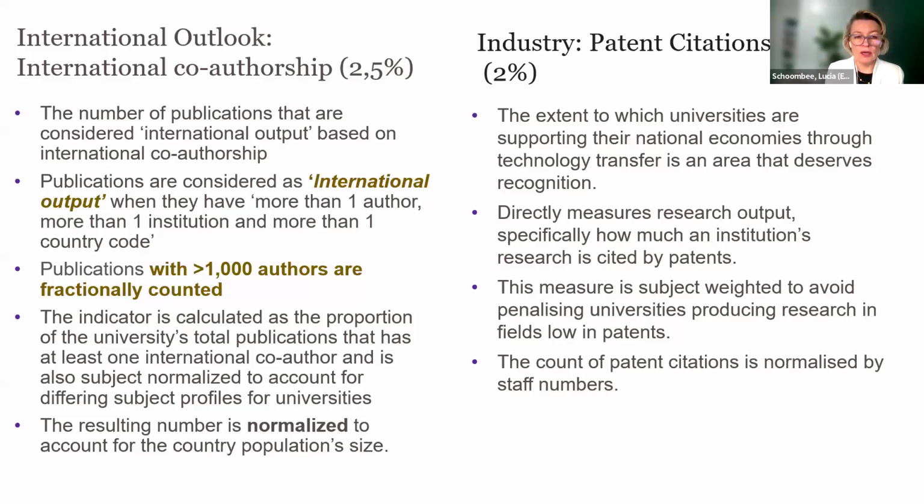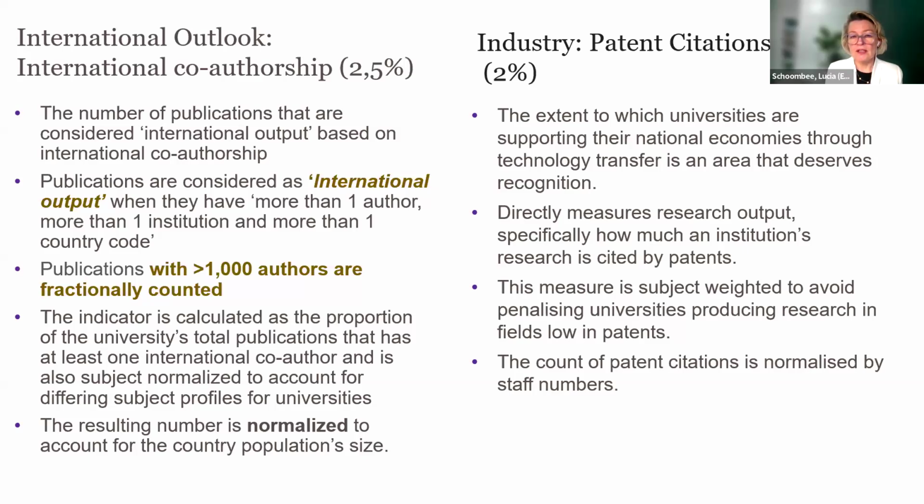So that's also normalized. And then finally, under the industry theme, they look at patent citations. This looks at the extent to which a university supports national economies through technology transfer. So it's a proxy measure of to what extent the research output of the institution is cited by patents.